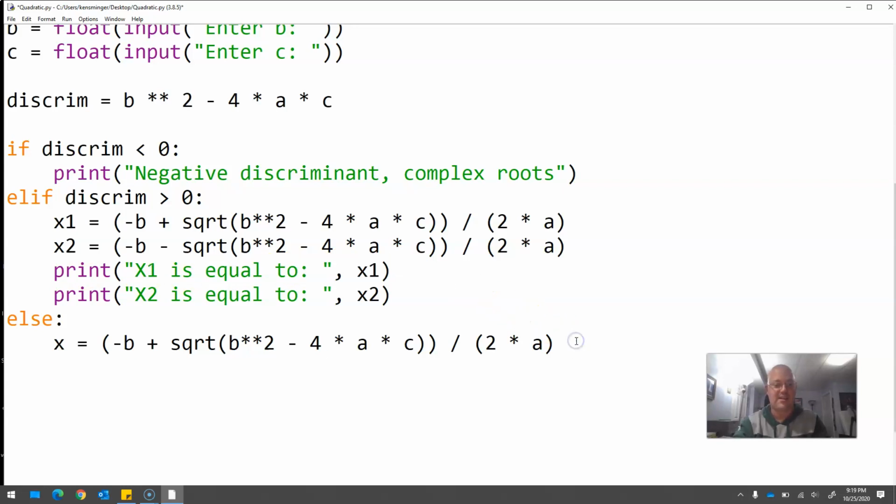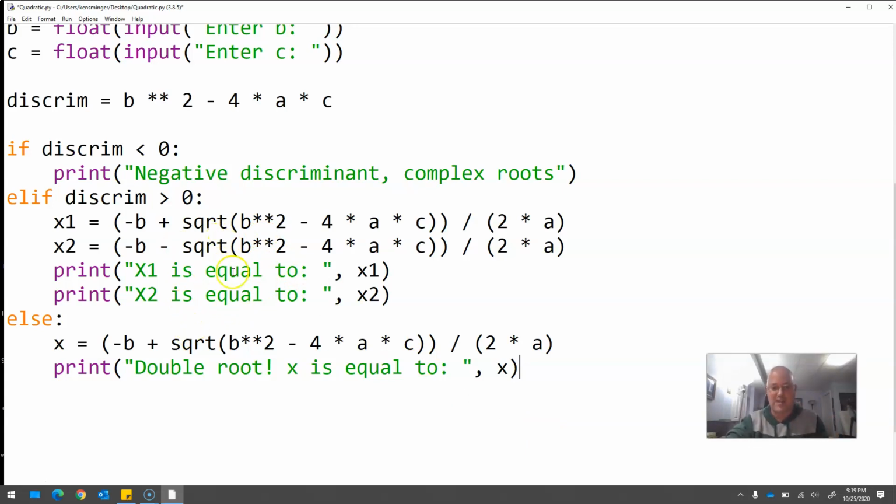You can say print, double root, x is equal to, and then x. So you have if, elif, else.